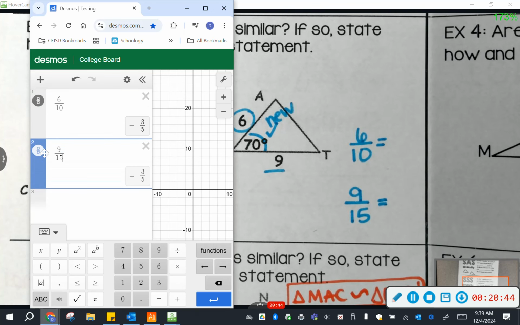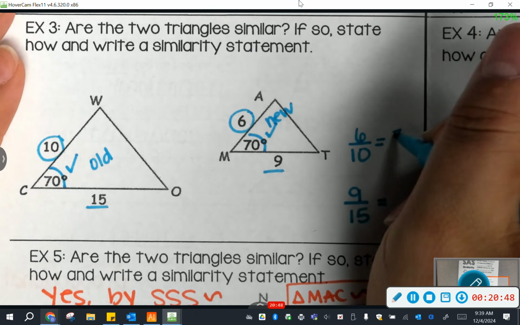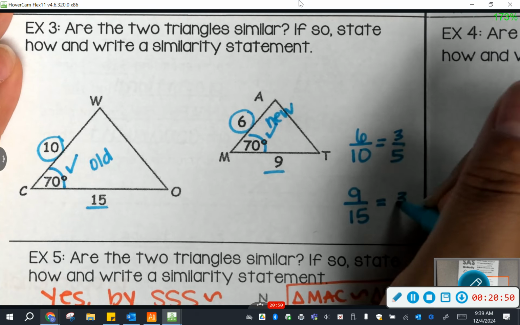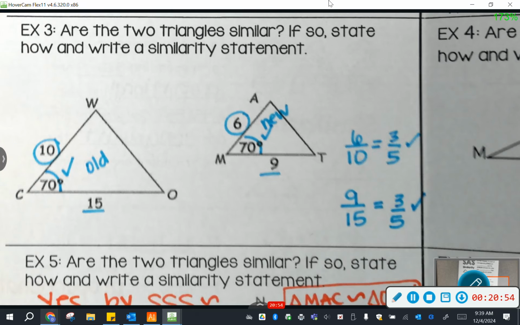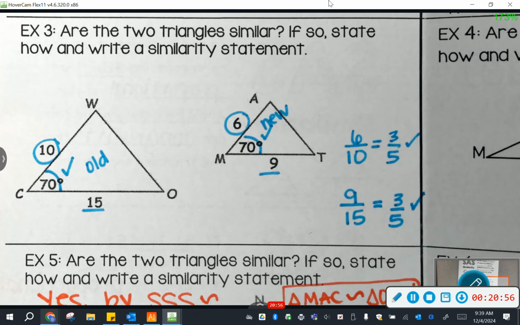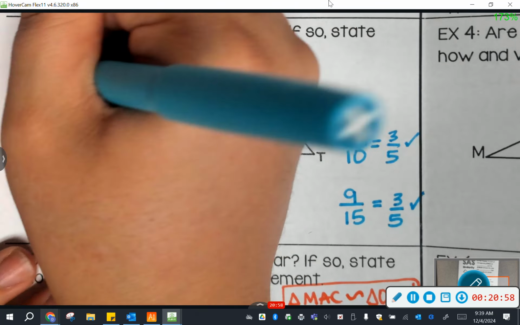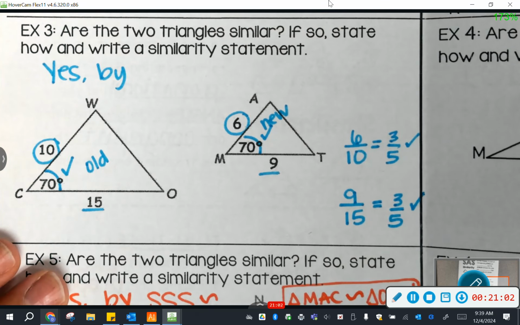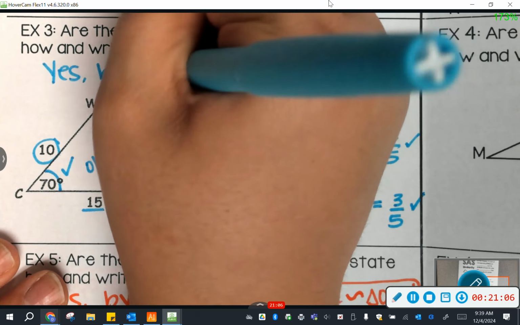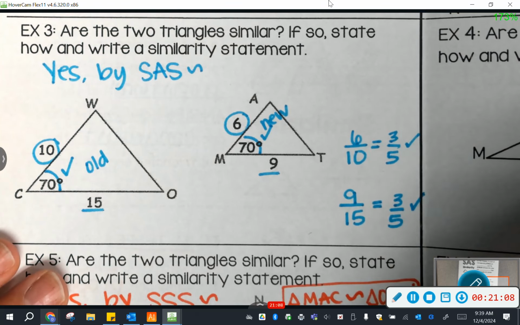What is 9 over 15? Are they the same? Yep. So are these triangles similar? Yeah. Why? They're the same. Give me by what? By SAS similarity.